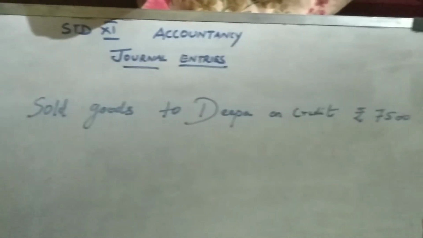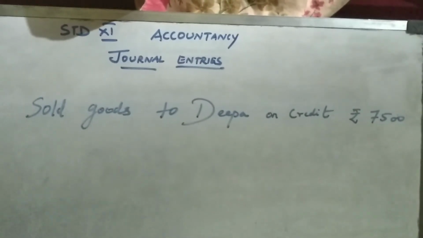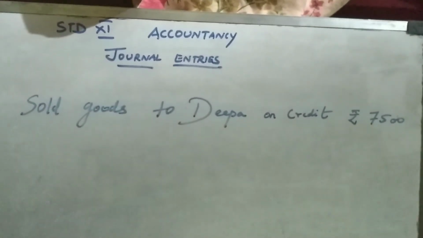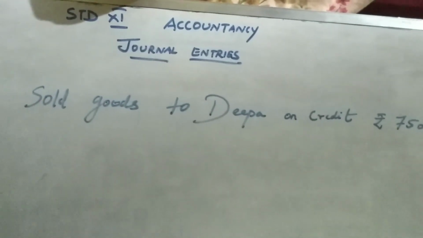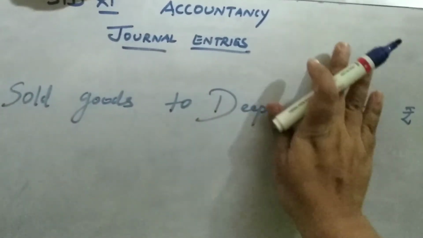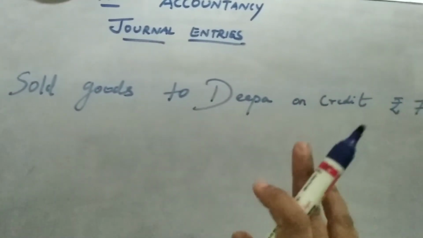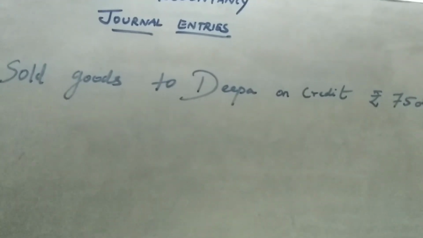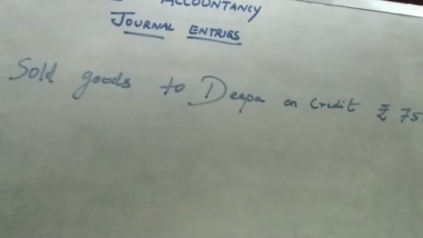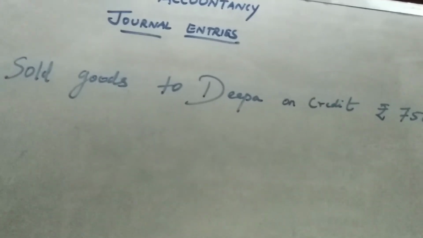The next transaction: sold goods to Deepa on credit, rupees 7,500. Suppose the word credit is not given, just sold goods to Deepa, rupees 7,500. Even then it will be treated as a credit transaction. Able to understand?